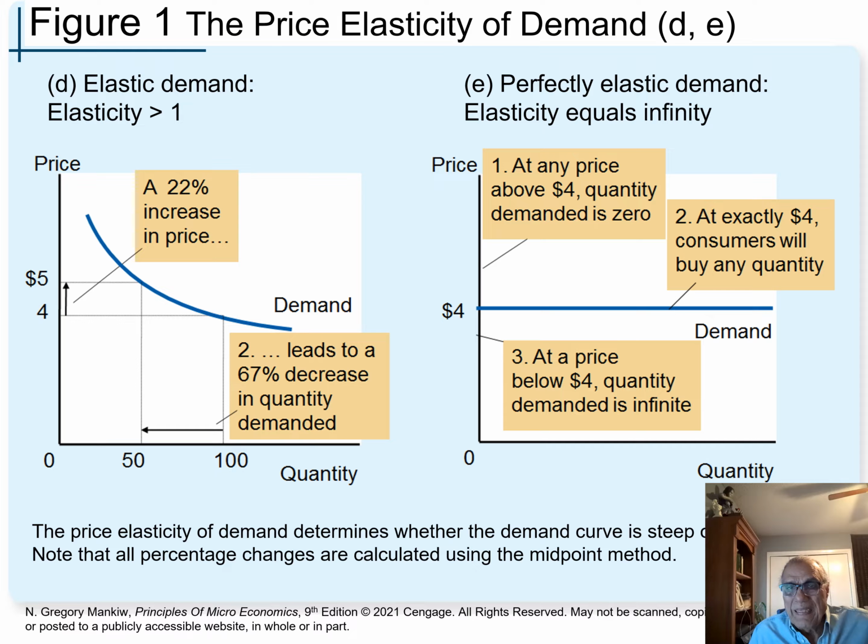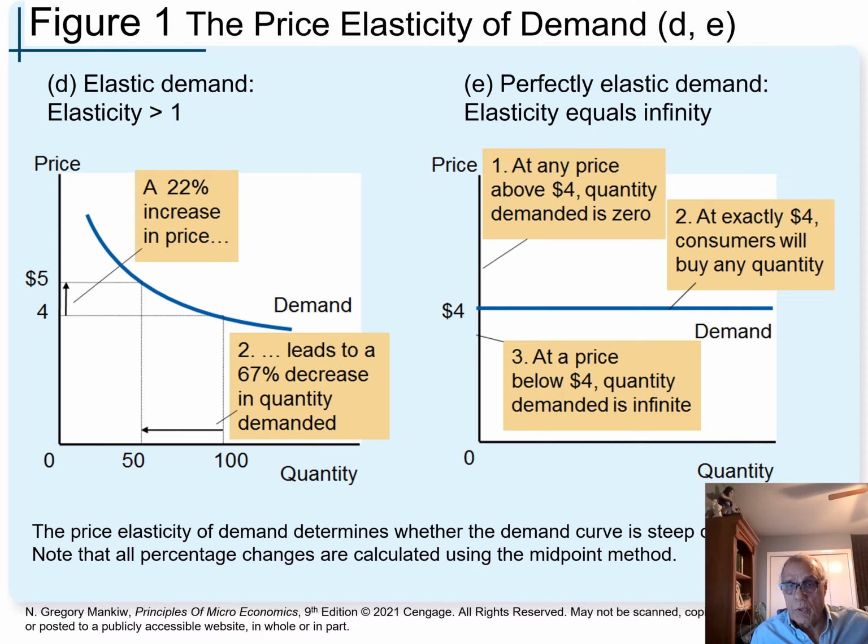And panel E shows perfectly elastic demand. Elasticity of demand is infinity, which means that at any price above 4, the quantity demanded for this good is 0.